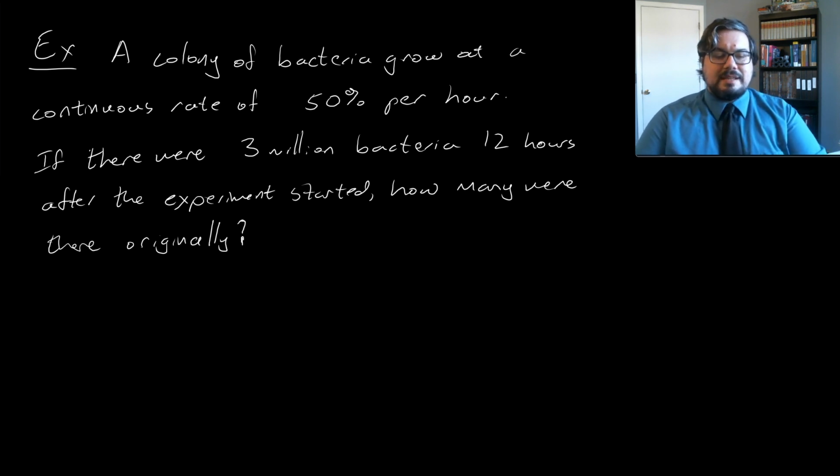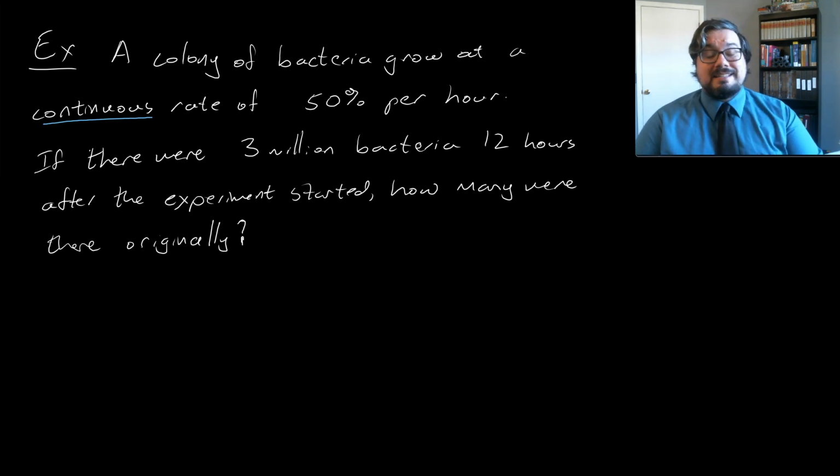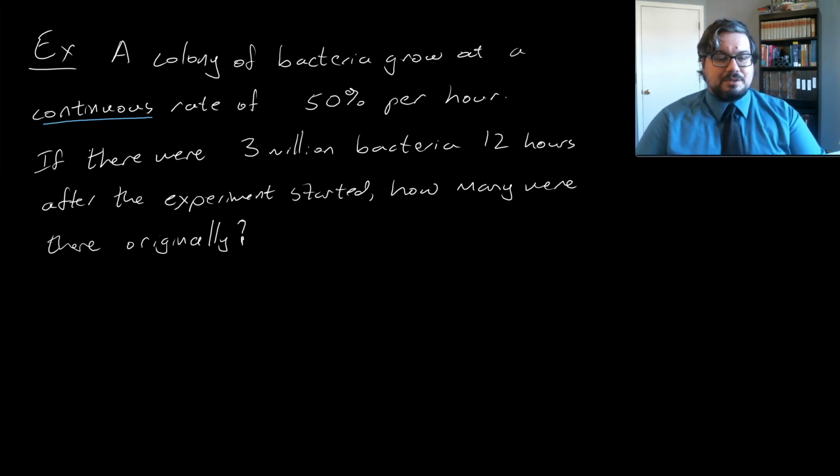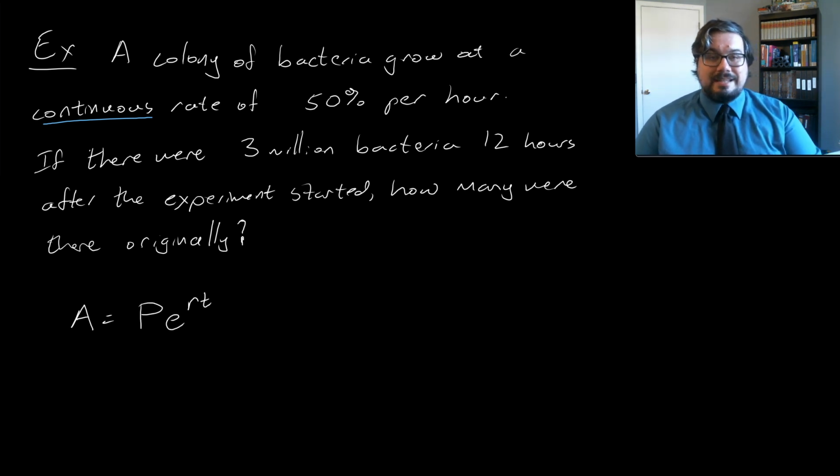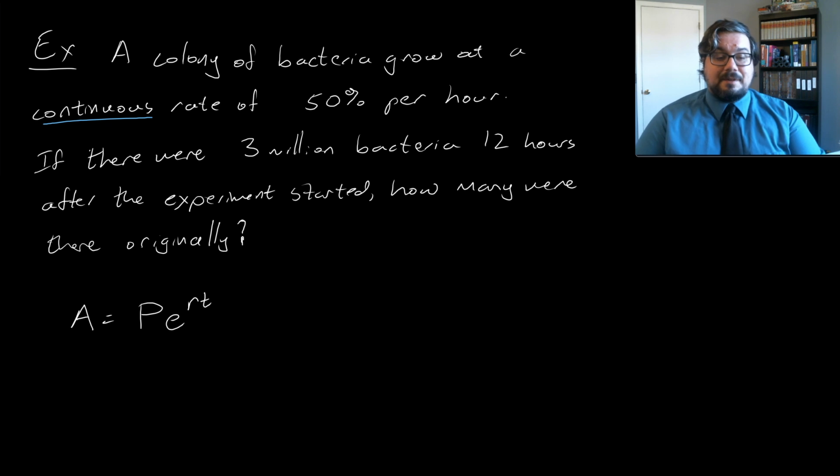All right, so this is another example of exponential growth. In this case, we're given a continuous rate, so we know that we're going to use the formula A equals P e to the RT. And we need to identify some of the other ones in here.